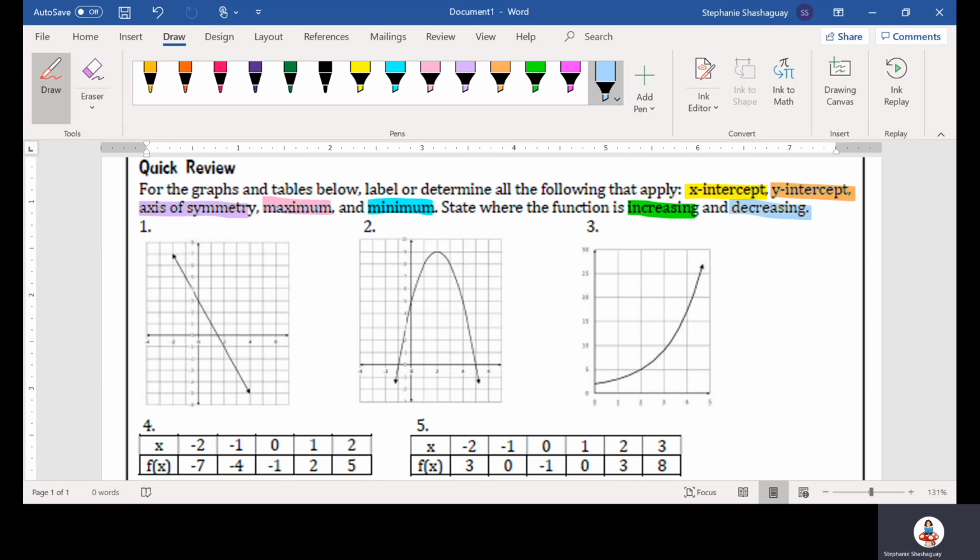All right, so this first function here, this is a linear function. And with a linear function, we will have an x-intercept, which is right there. This is our x-intercept. And we will have a y-intercept.